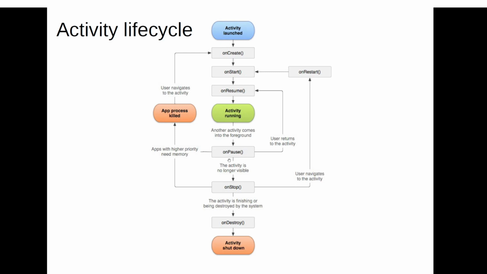So movement is paused in onPause and it resumes in onResume. If the music is stopped in onStop, then we would, and I'll talk about this one in a moment, place the code to play our music in onStart. We stop the music in onStop. We continue the music in onStart.